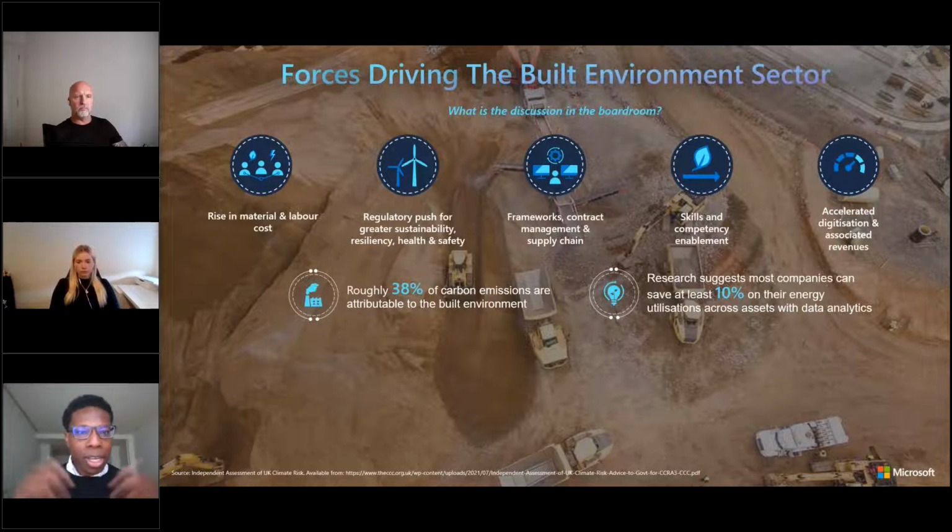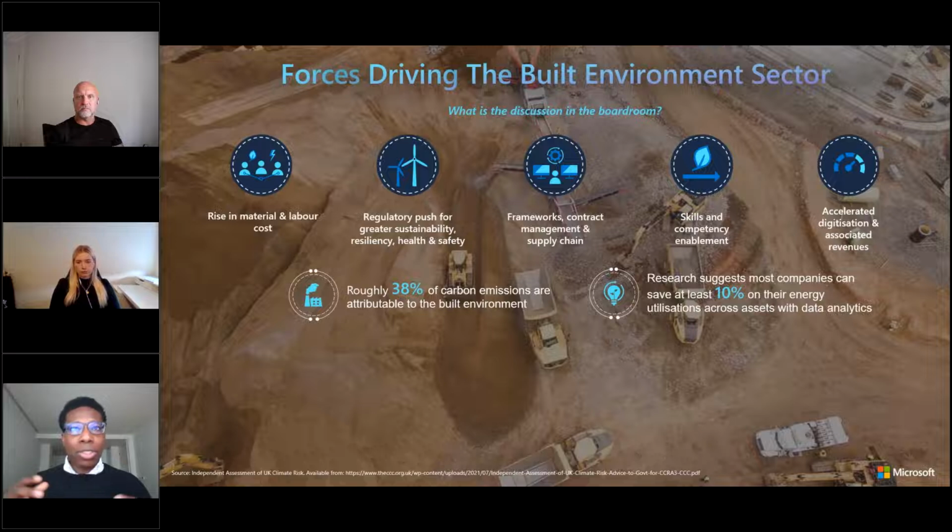Frameworks, contract management, supply chain, this is a never-ending issue. This is something that has been prominent within the industry for decades, but what's increasingly becoming clear is that large-scale asset owners like National Grid and the owners of critical national infrastructure are coming to cloud vendors like Microsoft and saying, how can we collaborate with you and our supply chain partners? Those of you may be familiar with the Enterprise Project 13 model, which talks around new frameworks and models around more collaborative approaches to tendering processes.